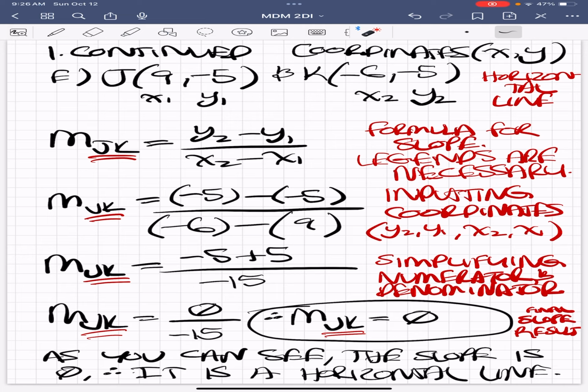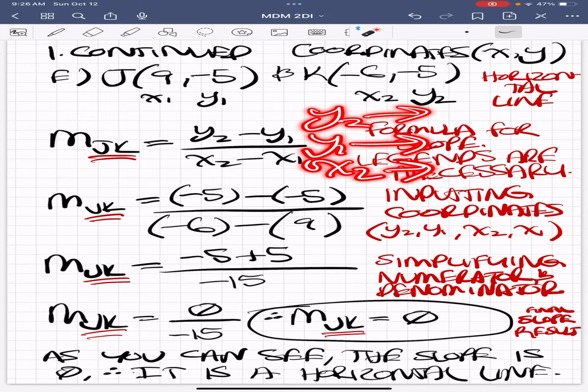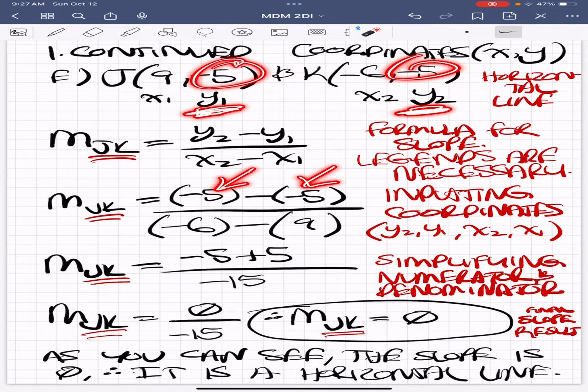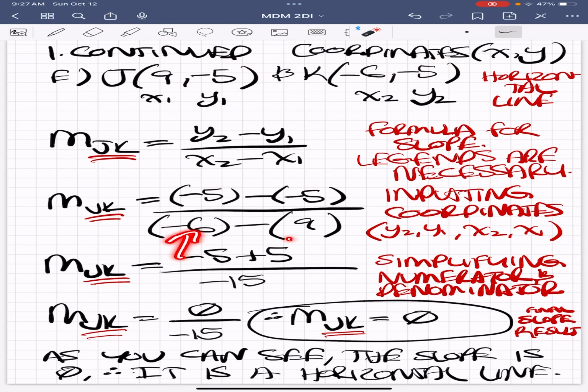And legends are necessary, so we can have y2, y1, x2, and x1, and we can put -5, -6, and 9. So what we did here was we inputted -5 for y1 and y2, and then we have -6 and 9, which we got from x1 and x2.